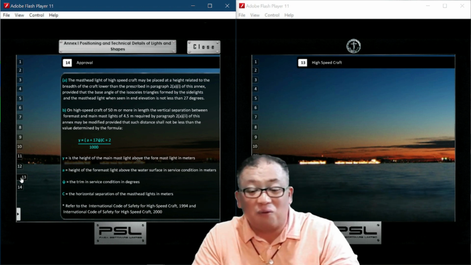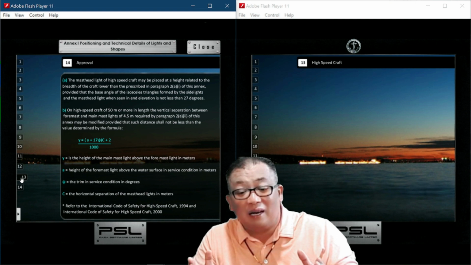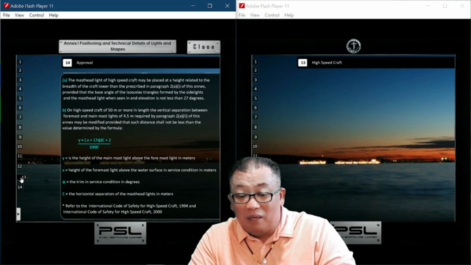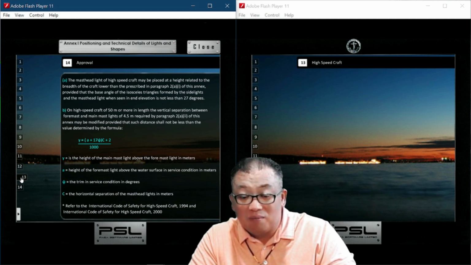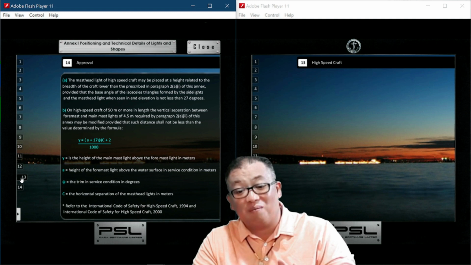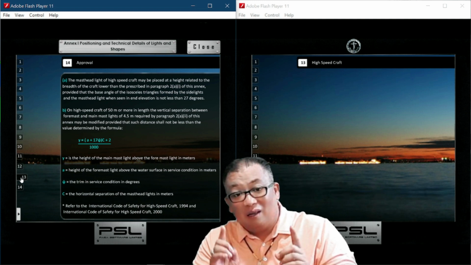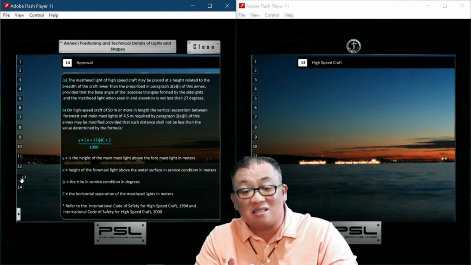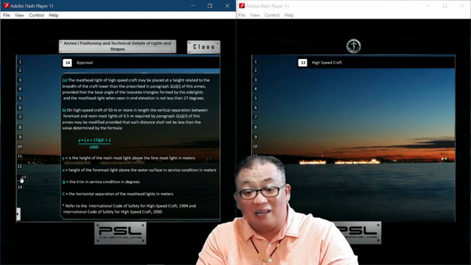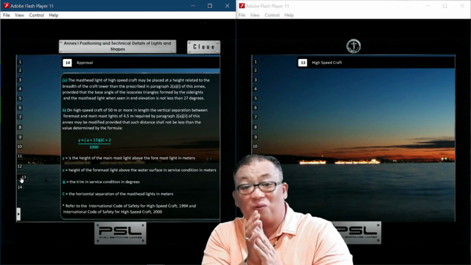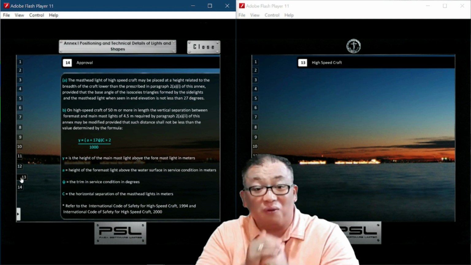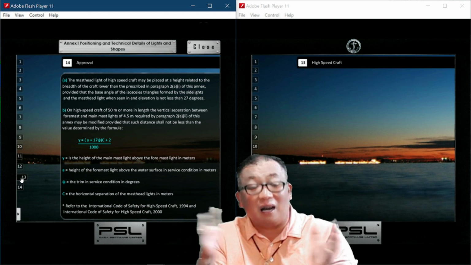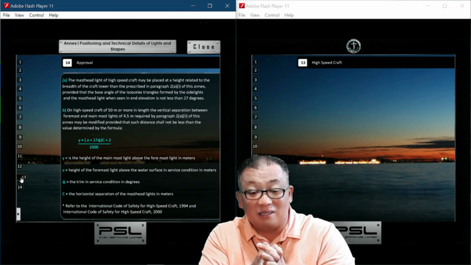On a high-speed craft of 50 meters or more in length, the vertical separation between foremast and main masthead lights of 4.5 meters required by paragraph 2(a) of this annex may be modified. Remember, for two masthead lights you must have a 4.5 meters distance requirement, when viewed from ahead or as prescribed over 225 degrees of masthead lights.